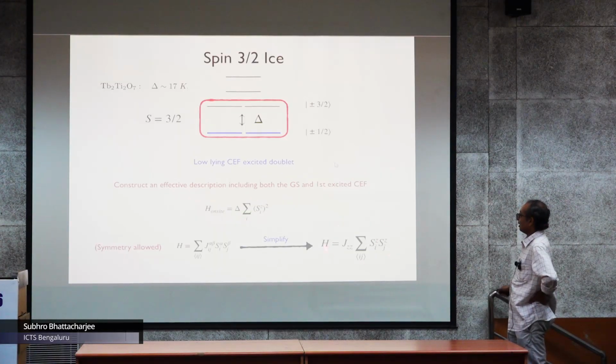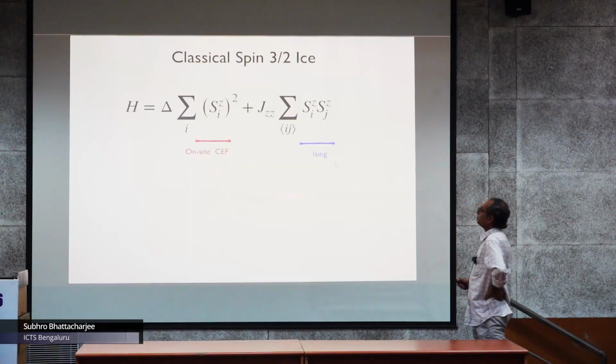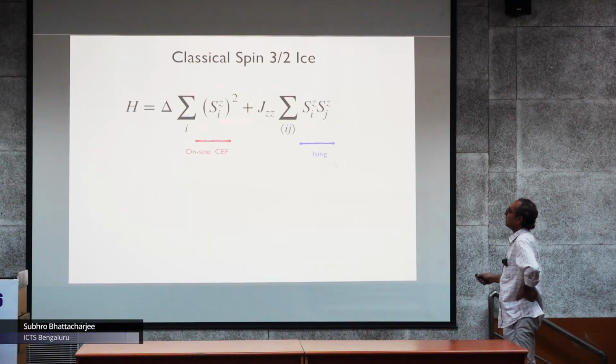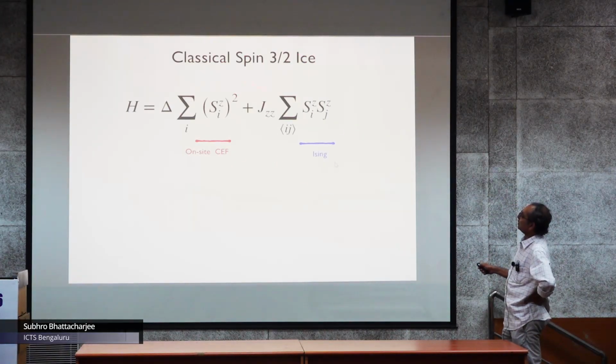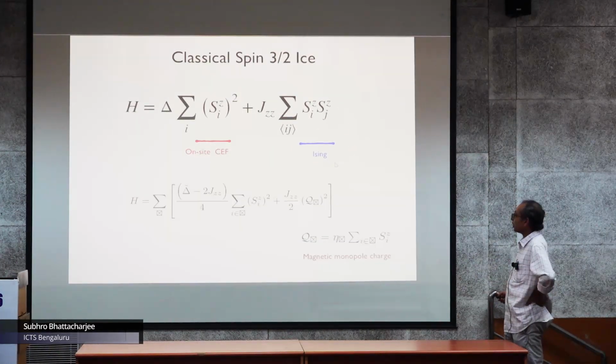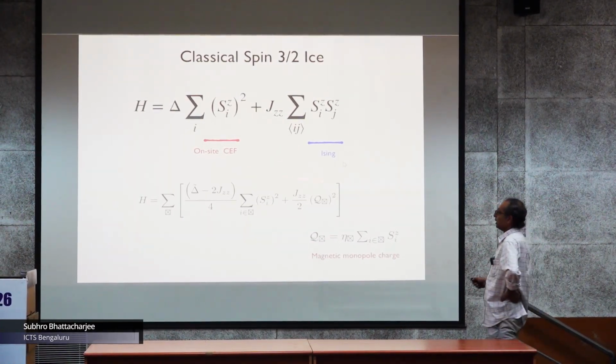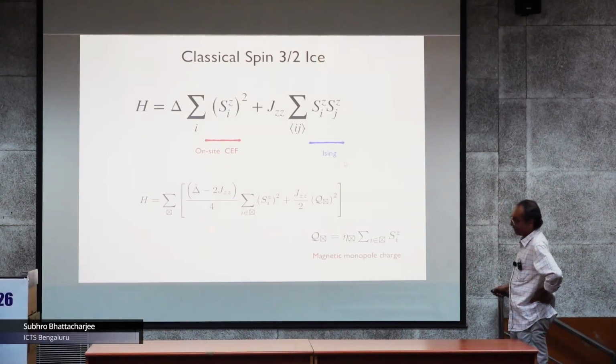What I'll tell you about is a simplified story, when you take the simplest possible Hamiltonian, a spin 3/2 Ising model, nearest neighbor, keeping all the 4 states. This is the thing that I'll consider, which I'll call classical spin 3/2 Ising. It has the on-site term that splits the 2 doublets, and then there is a nearest neighbor Ising Hamiltonian. One can again go through the same exercise.